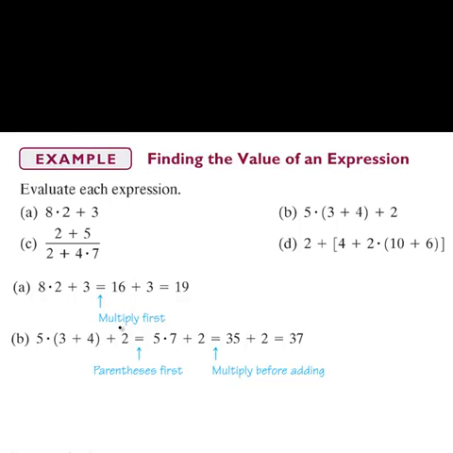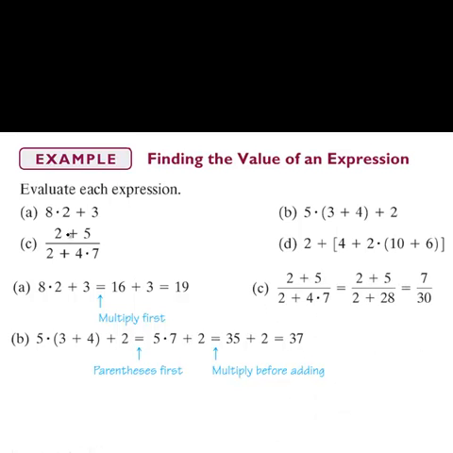Then we'll do the 5 times the 7 plus 2. Well, you'll do the multiplication first. If you have to choose between the multiplication and the addition, do the multiplication first. 5 times 7 is 35. And then add the 2 to get 37. All right, so make sure that you observe the proper order of operations.